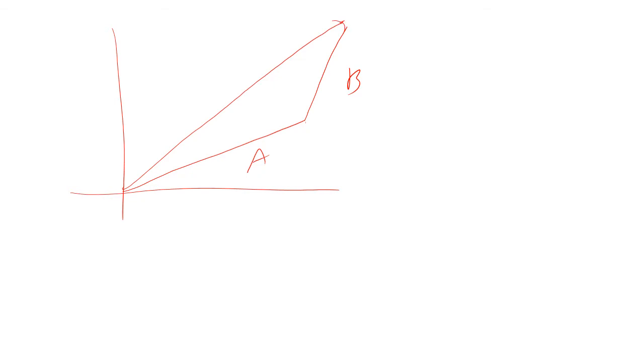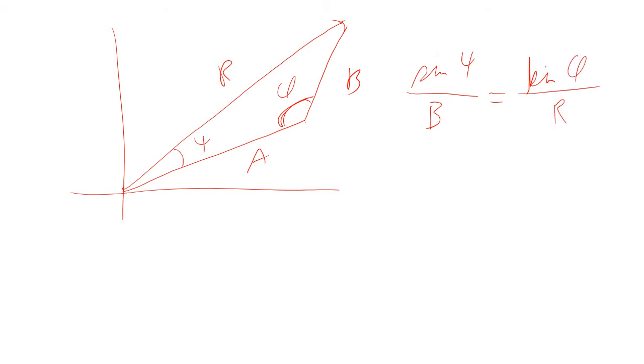We don't want just R, we want to know what angle it is. So back to our problem here. We got A, we got B, we got R. Well, this angle right here, opposite B, I'm going to call psi. Now, the law of sines says that the sine of any angle divided by its opposite side in a triangle is equal to the sine of any other angle divided by its opposite side.